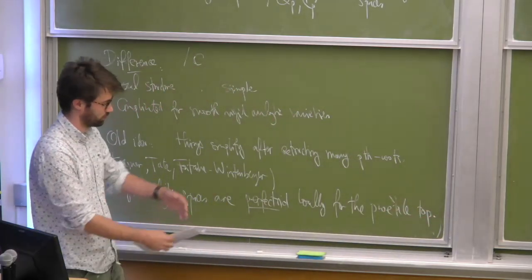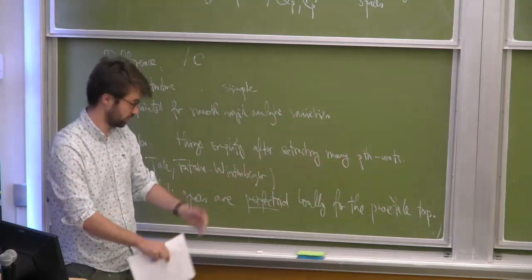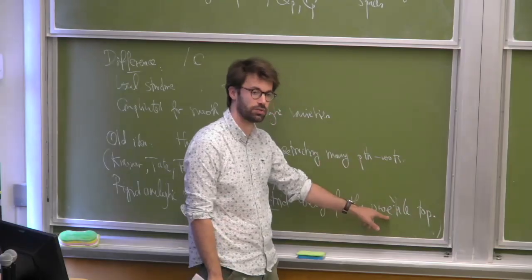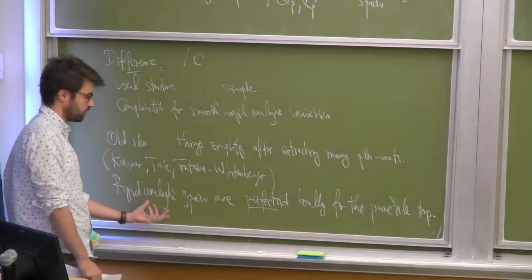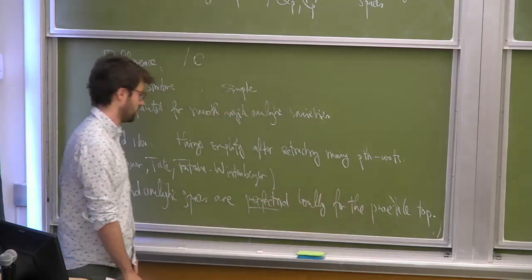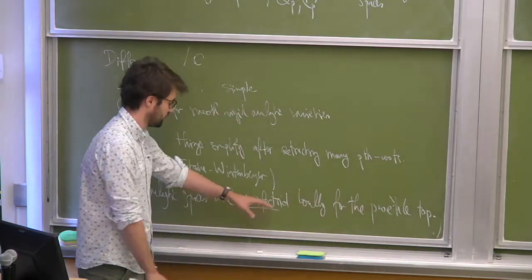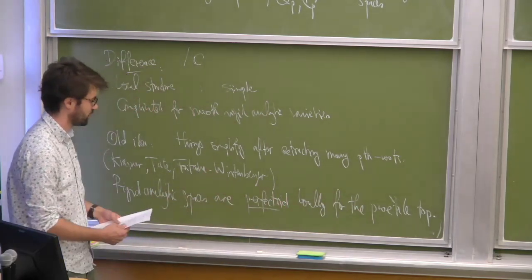The pro-étale topology is a finer variant of the étale topology, where you allow yourself to consider not just étale morphisms, but inverse limits of such. So the idea is that your rigid analytic space always becomes perfectoid after a certain pro-étale cover. And perfectoid roughly means that you can at least mod p extract as many p-th roots as you want.